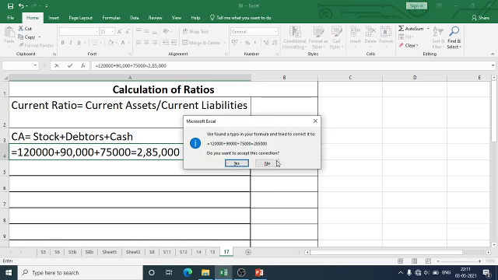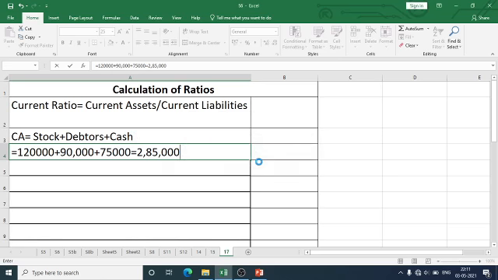Next, we will go for current liability here.